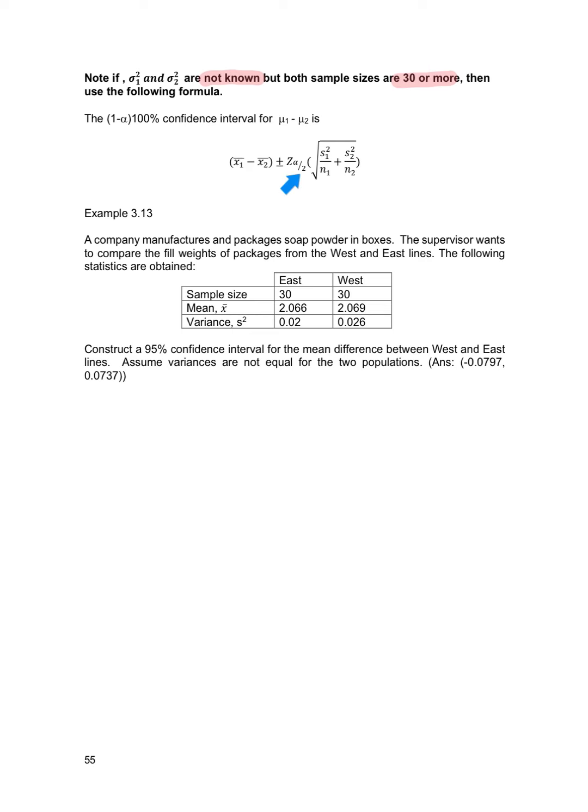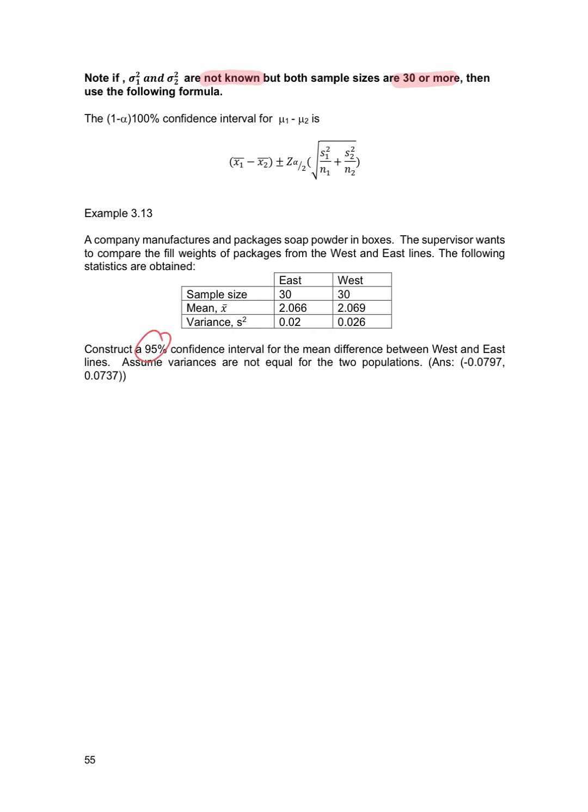That's why kita akan gunakan this formula. Yang berubah adalah this one. Kalau tadi dia sigma, now dia menjadi S. Okay, so you need to construct a 95% confidence interval for the mean difference between west and east line. Assume the variances are not equal for the two populations. Okay, so apa yang perlu kita buat adalah kita identify dahulu alpha dia berapa.